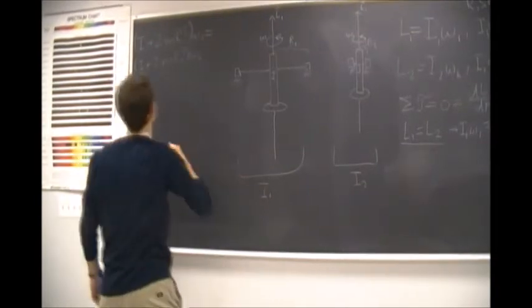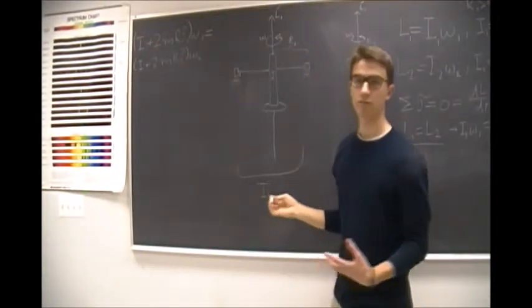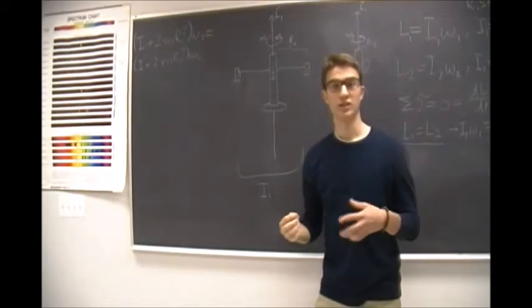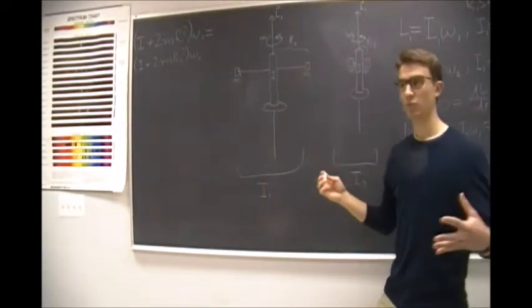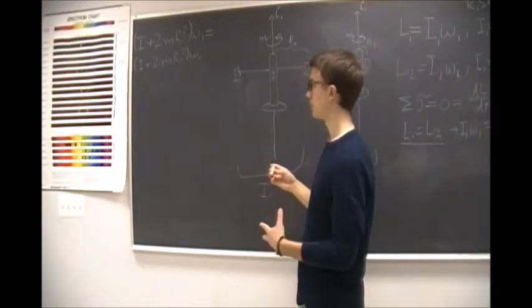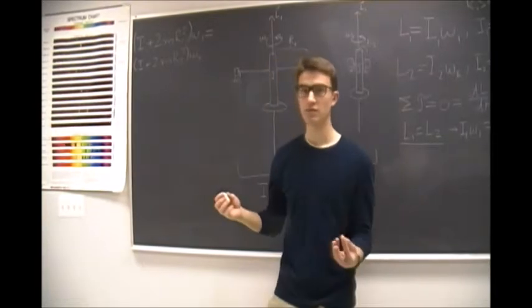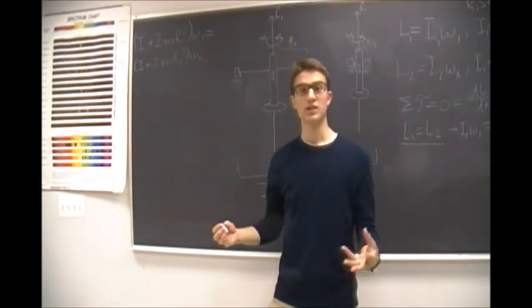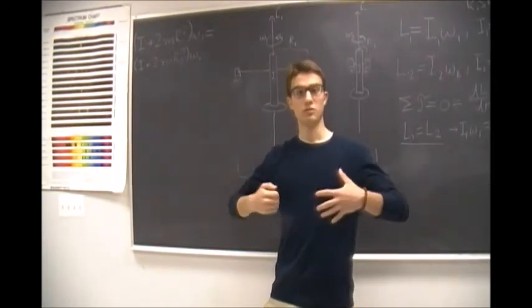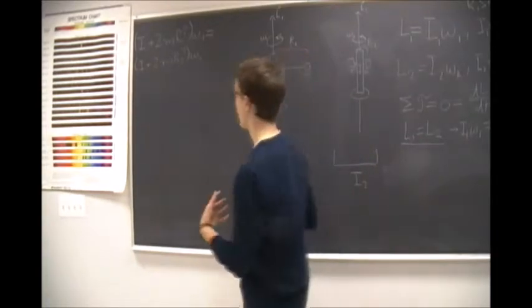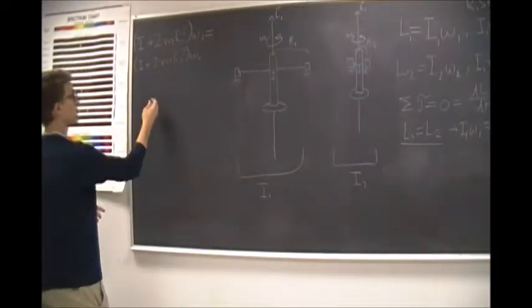Now, they look really, really similar. I'm now going to make a ratio. We're going to see why his angular momentum is conserved, but his angular velocity increases when he puts his hands towards his body. We're going to explain that with this nice ratio over here.